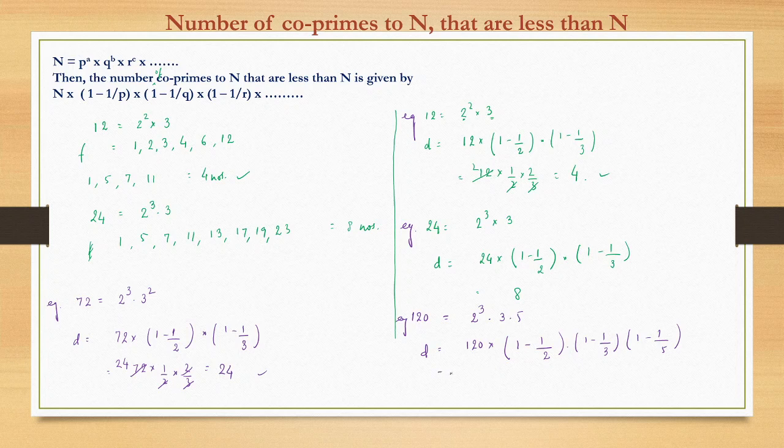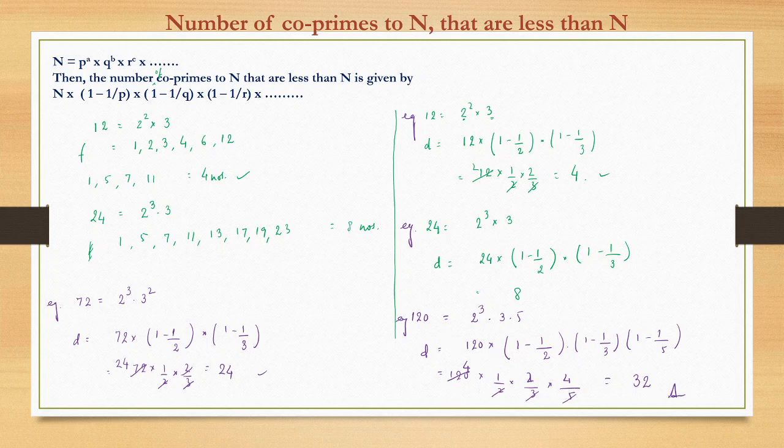So here we get 120 into half into 2 by 3 into 4 by 5, right? So it becomes 32 numbers. So 32 numbers are less than 120 and co-prime to 120.